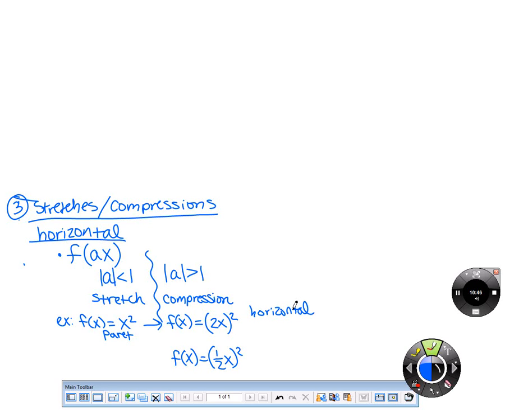Is it a stretch or a compression? So you know it's horizontal. Look at the number that you're using. Okay. Is it less than 1 or greater than 1? Greater than 1, which means it's a horizontal compression. Okay. So this is an example of a horizontal compression.